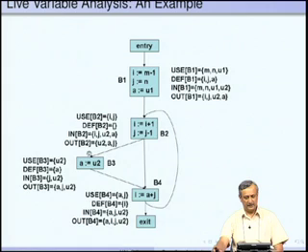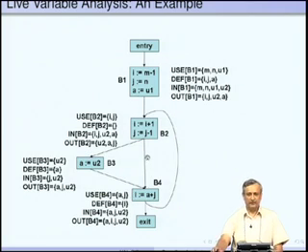So, a is defined before any use. So, we are removing a, a is not live at this point, whereas j and u2 are included in the in set. So, that is how the in sets for the live variables are computed.